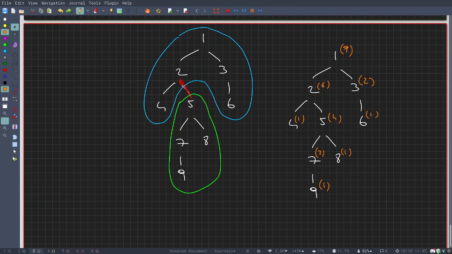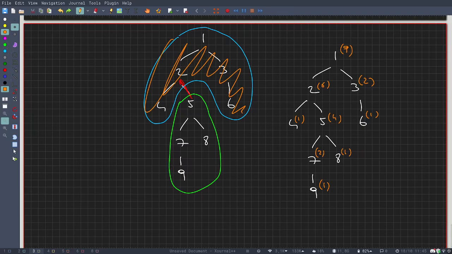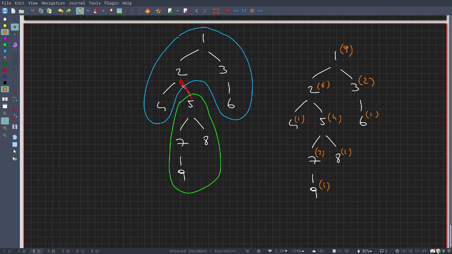Yeah, of course. Okay, and now for each edge, you can consider each edge as a vertical one, which goes from an ancestor to a descendant. Here we don't know yet how many nodes we have, but we know how many nodes we have here. So for each edge, we just choose the lowest node, and here we know that there are 4 elements in the subtree.